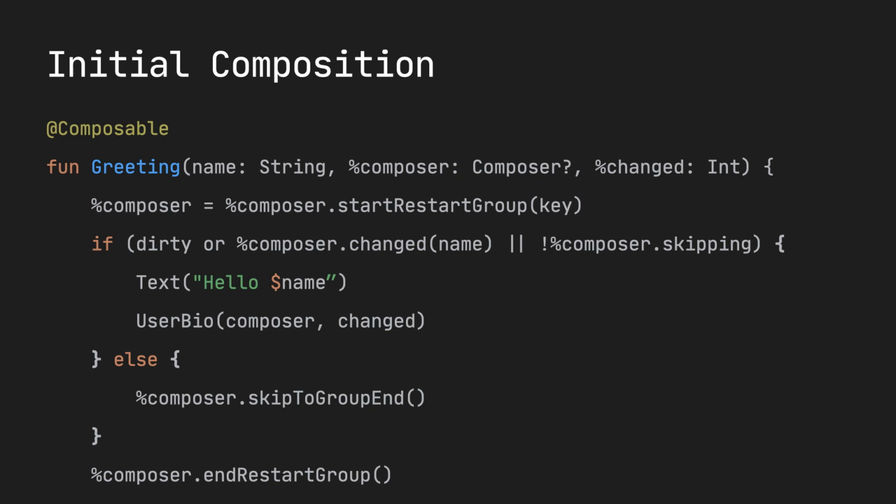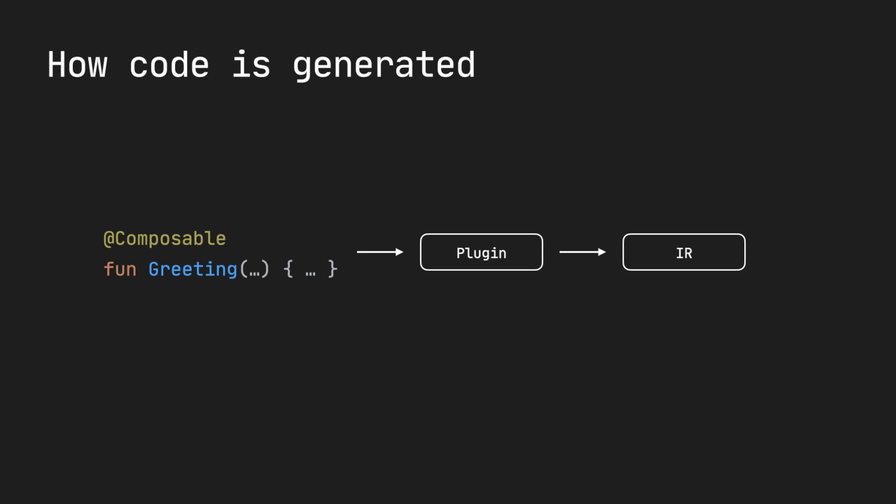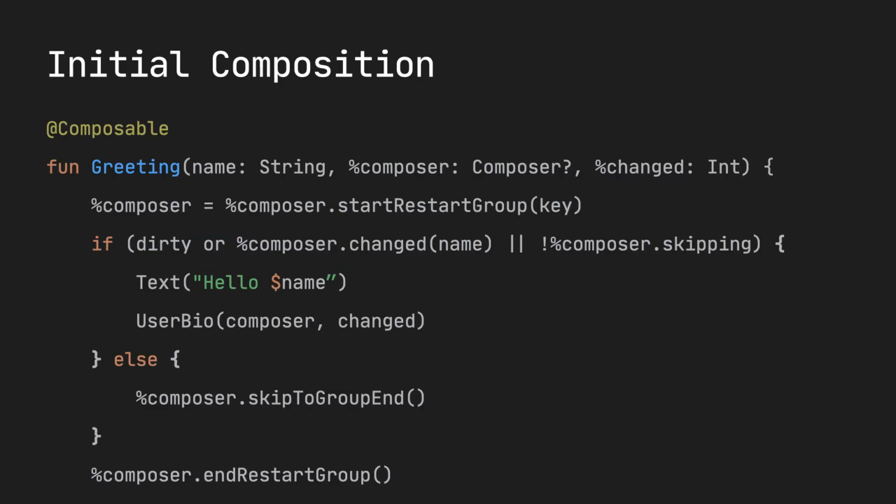It also adds in logic to skip the group. So the plugin is hooking into the compiler, and the compiler allows you to hook into different phases such as analysis, and it's able to do that to transform this composable greeting method. And in the end, it looks like this.